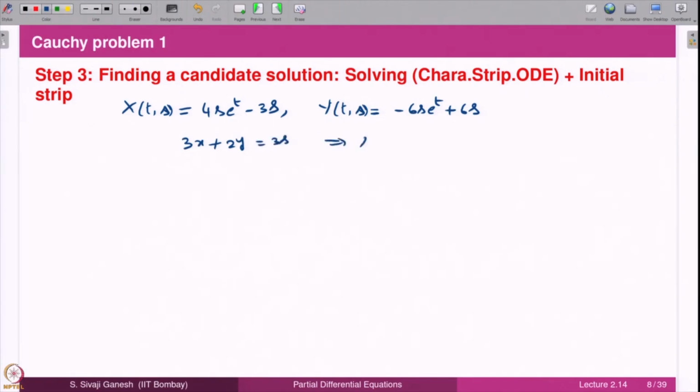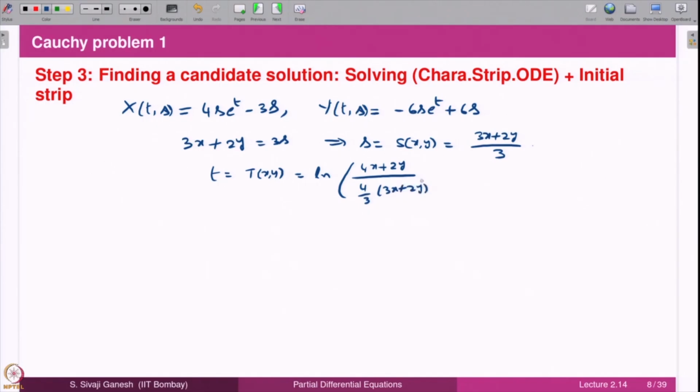So, that implies s equal to s(x,y) equal to (3x plus 2y)/3. This is done. Now, what about t? t is equal to t(x,y), that is equal to logarithm of (4x plus 2y) divided by (4/3)(3x plus 2y). Of course, only when this makes sense.